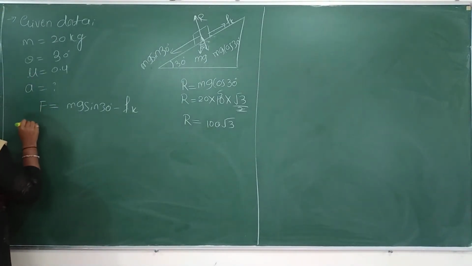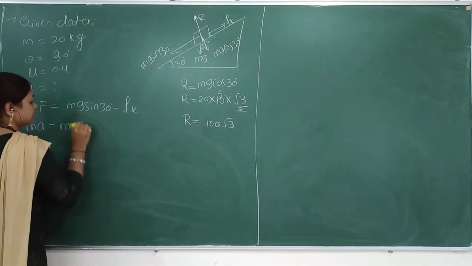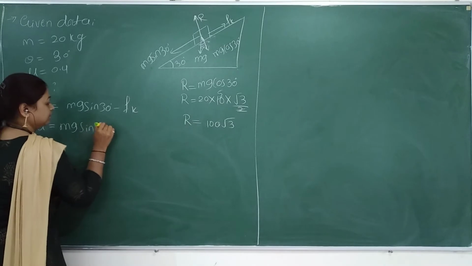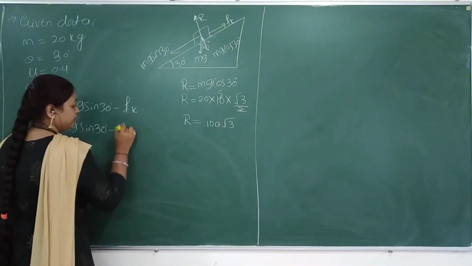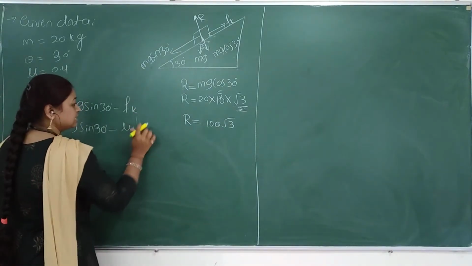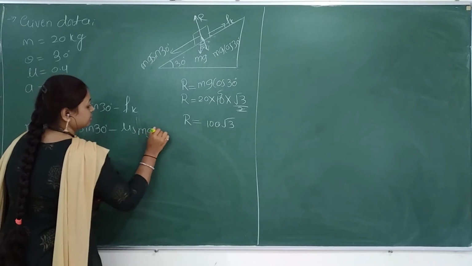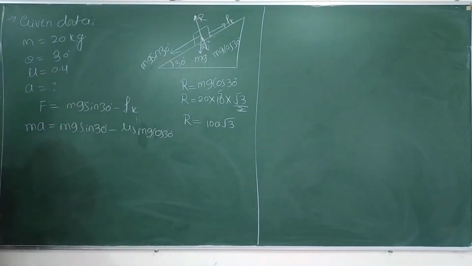So F can be written as mass into acceleration because we have to calculate the acceleration. Now mg sin 30 minus Fk can be written as mu s into R. Again this R value can be written as mg cos 30.